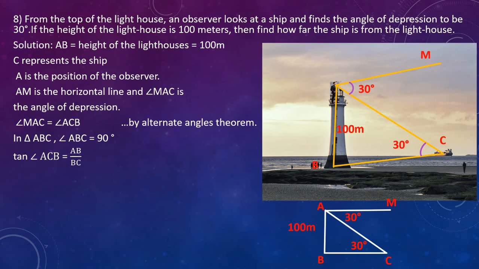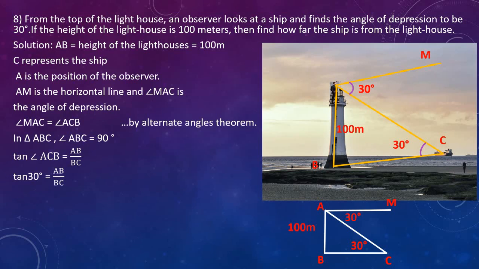Now in this triangle, the opposite side is nothing but the height of the lighthouse which is given, and we need to find the distance of the ship from the lighthouse, which is the adjacent side. So we are going to use the tan ratio. Tan of angle ACB is equal to AB upon BC. So tan of 30 degrees is equal to AB upon BC.